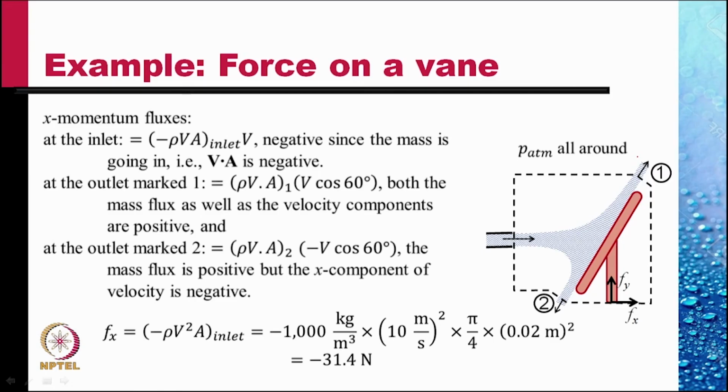So there is only a net influx, or a negative flux, of rho, which is 1000 kilogram per meter cube, into velocity squared, velocity is 10 meters per second, into the area. Area is pi by 4 into 0.02 meter whole squared, and there is a minus 31.4 Newton.